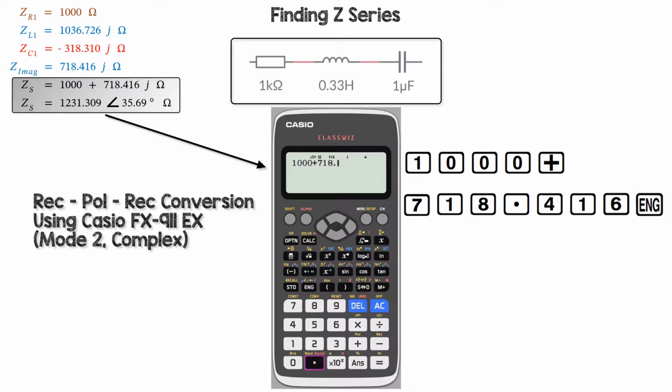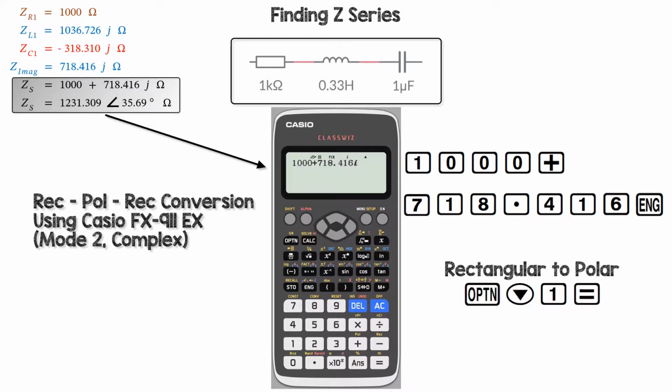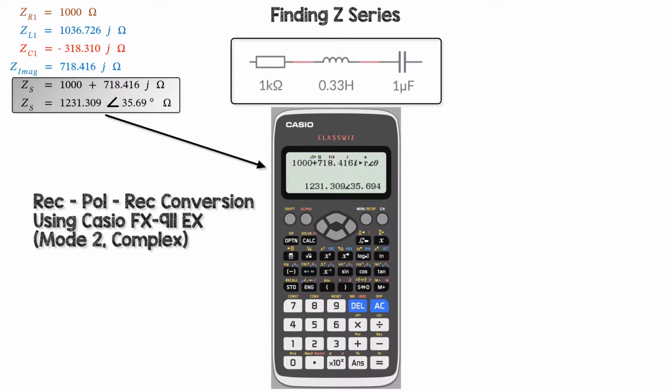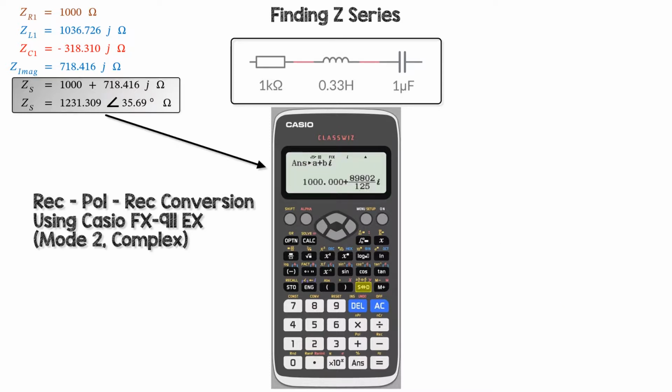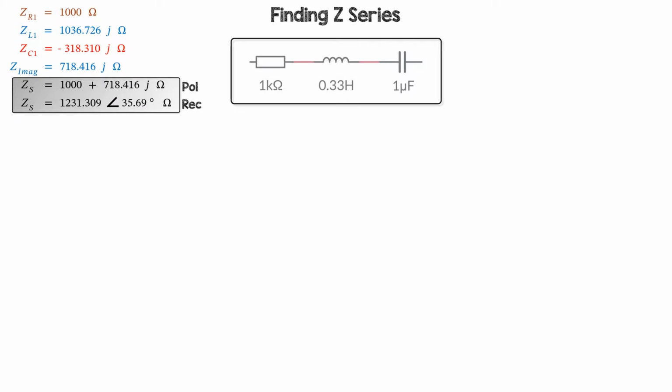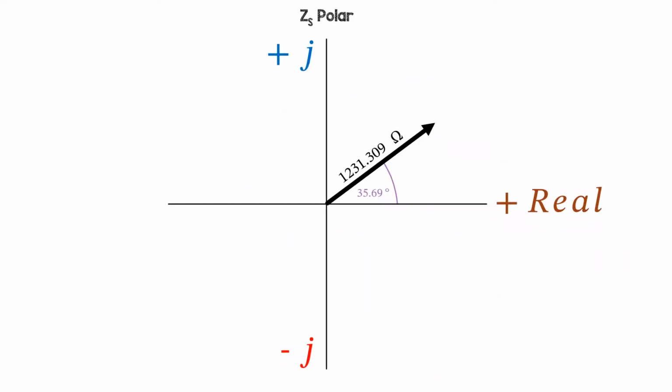You need mode 2 for complex mode. So there's Z series rectangular and polar, and what I call poltangular.